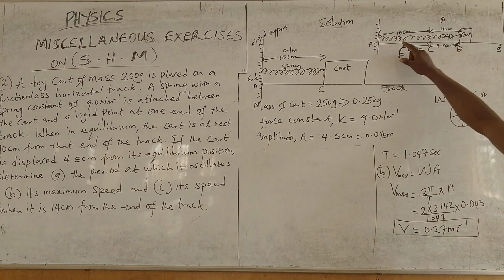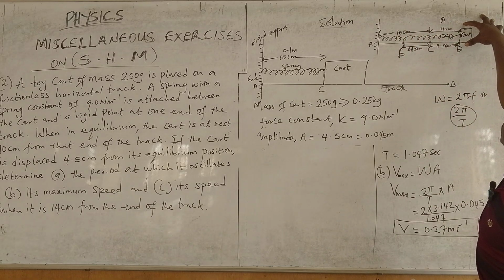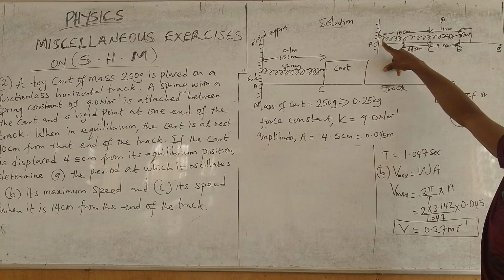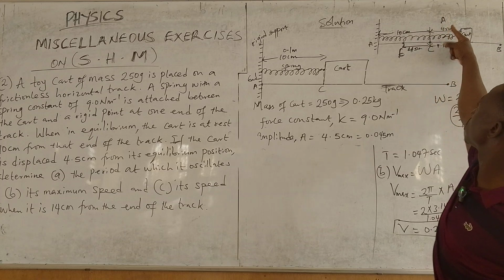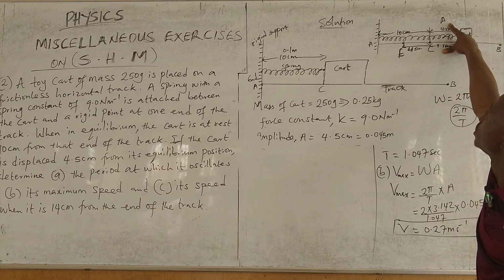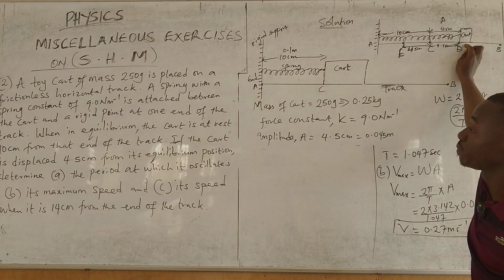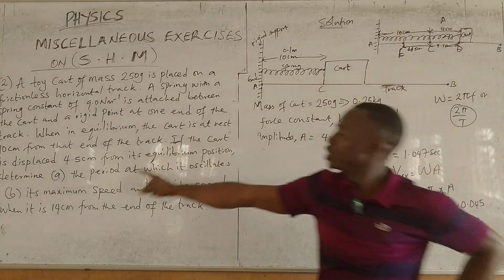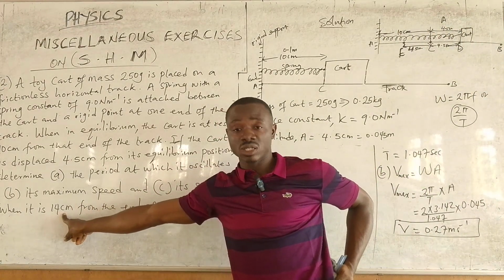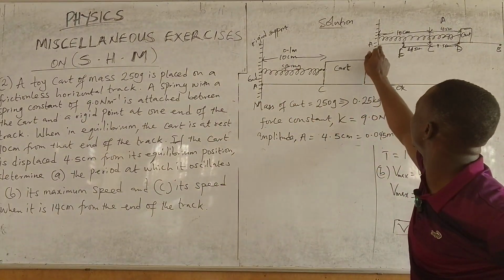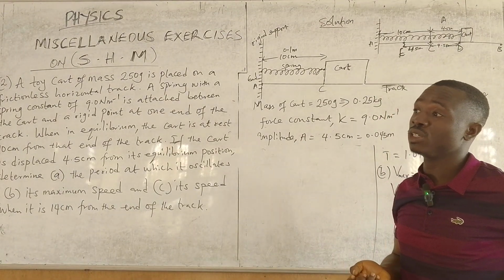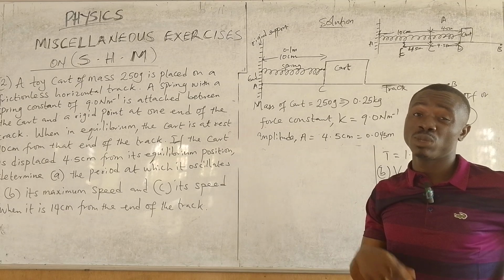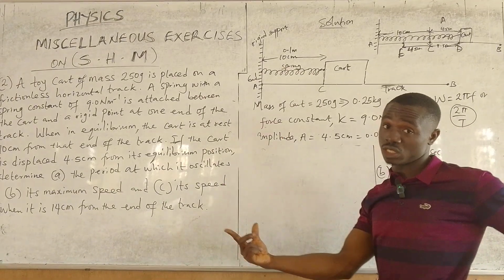You will notice that where we have our maximum displacement, the total length from this end A is going to be 10 plus 4.5, which is 14.5 centimeter, which is more than this displacement from where? From end A. I told you that maximum displacement, there's no way you are going to have any other displacement that is more than your maximum displacement, which is the amplitude, right?